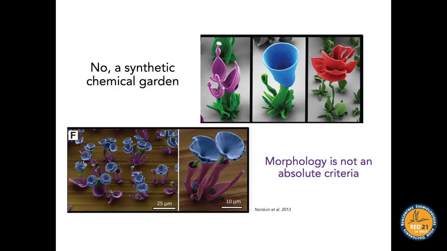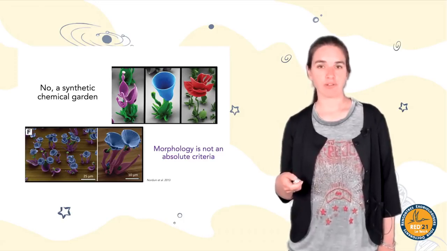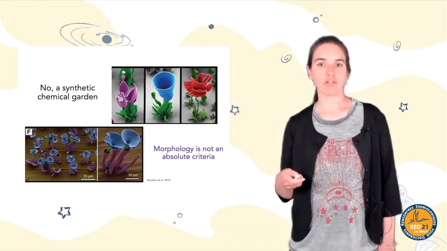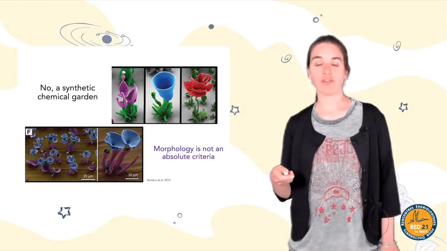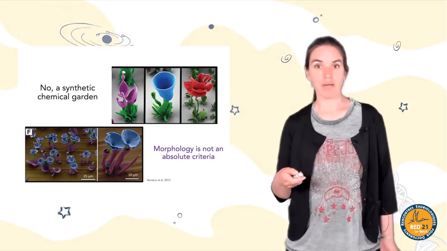This is a synthetic chemical garden produced in the laboratory by varying the concentration of different chemical species. And there is no biology at all involved in this experiment. So morphology is not at all an absolute criterion, because a lot of processes can also produce very biological forms.